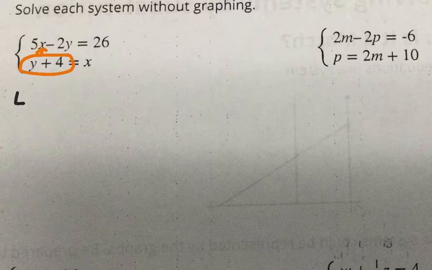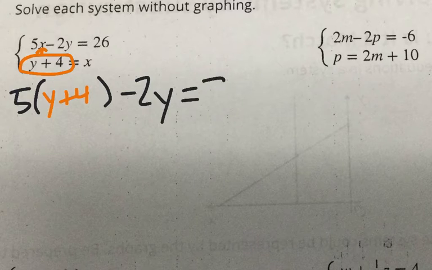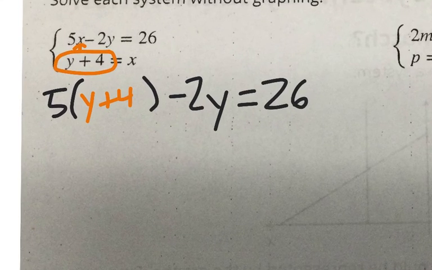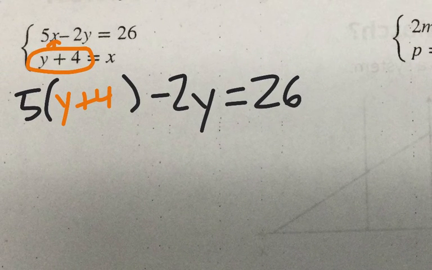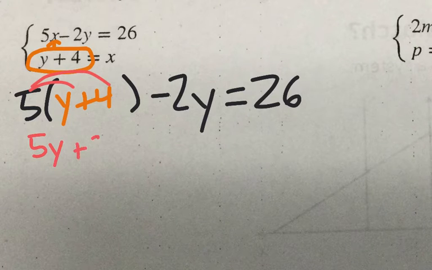So now I can plug y plus 4 in for x in the first problem. So that would be 5 times x, but I know x is y plus 4, minus 2y equals 26. So now you see how I only have one variable now? There's no more x, there's only y. So I can distribute. 5 times y is 5y, 5 times 4 is 20, minus 2y equals 26.